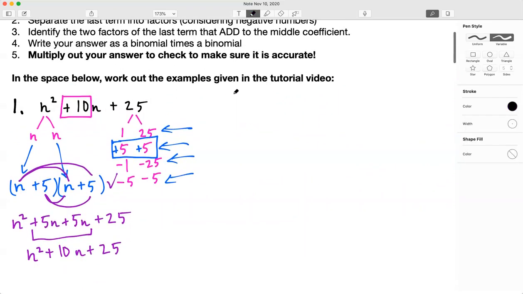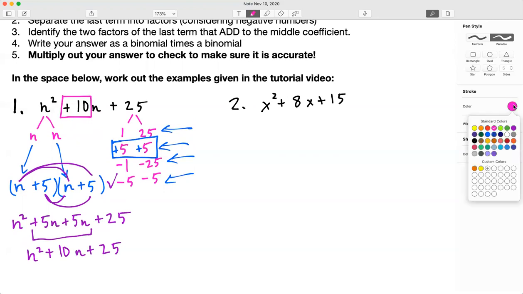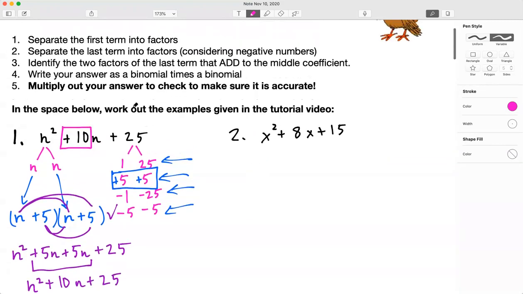Let's try another one over here, number 2. We've got x squared plus 8x plus 15. All right. So first step is, again, separate the first term into factors, x and x. Then we're going to separate the last term into factors, considering negative numbers.